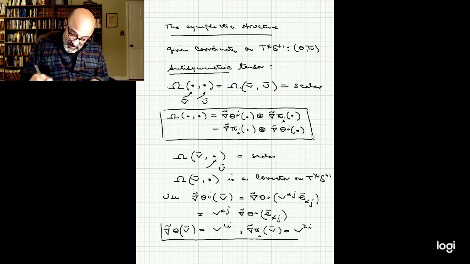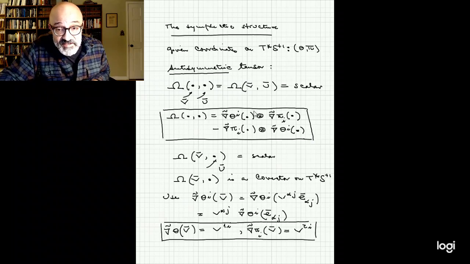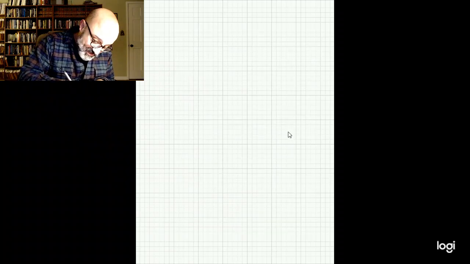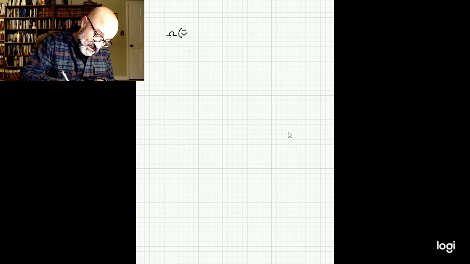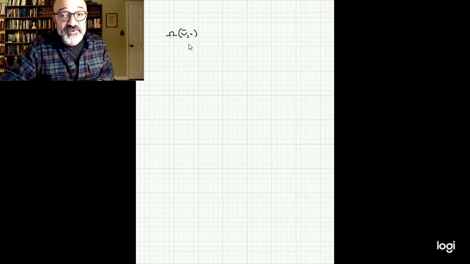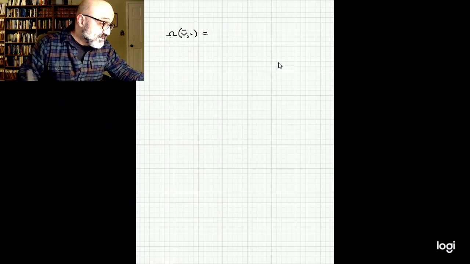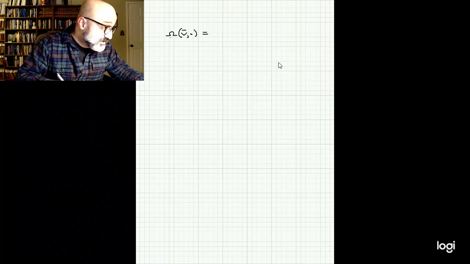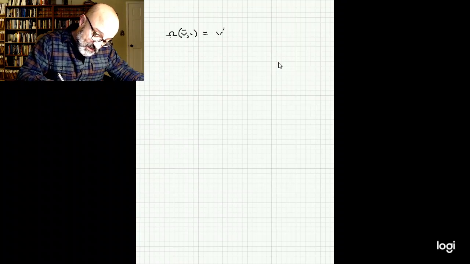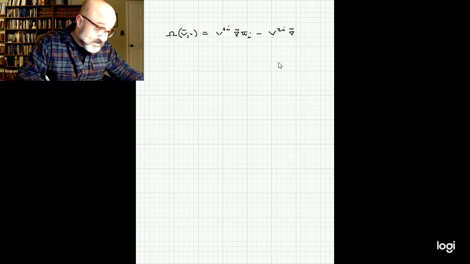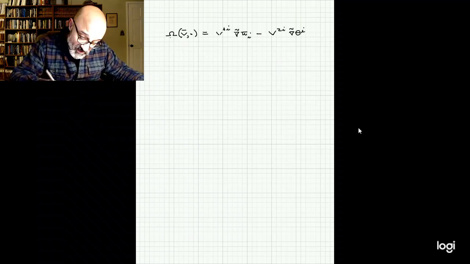So now if we substitute these here, what we have is that omega acting on V, with one slot open for introducing another vector, is going to be V1I gradient pi I minus V2I gradient theta I. So you can see that this is indeed a covector.